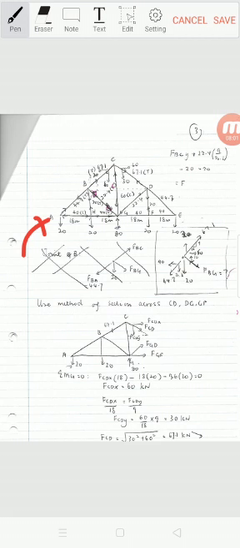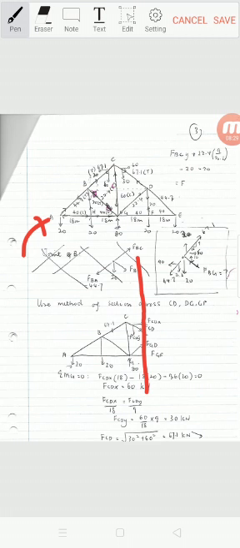So what I did here was I cut across here, and I can find the internal forces FGF, FGD, and FCD using the moment equation.